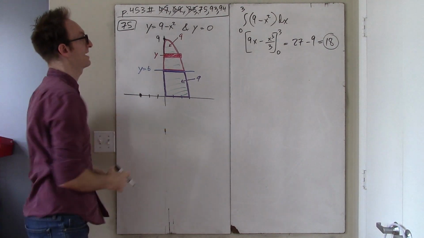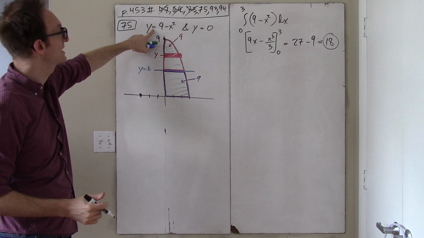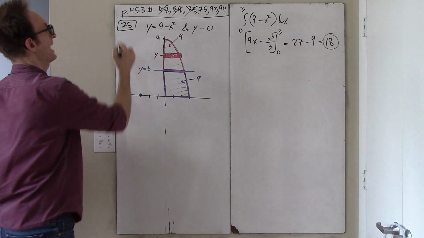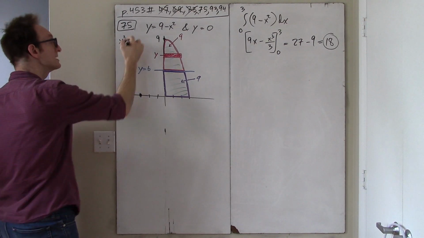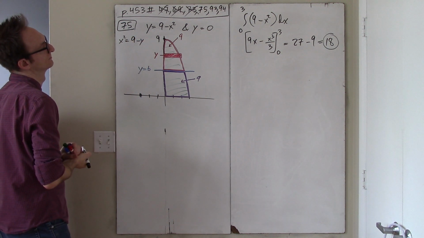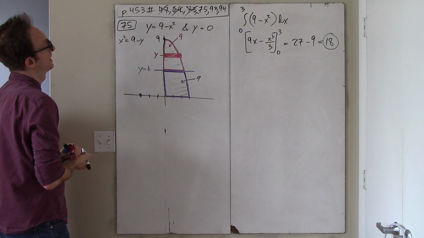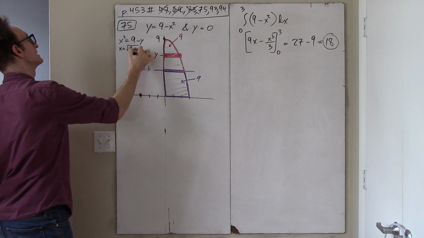Oh, well, a couple things I have to do first, which is that this curve is of the form y equals 9 minus x squared. So I need to solve for x. So I get that x squared equals 9 minus y, and so x is root 9 minus y.